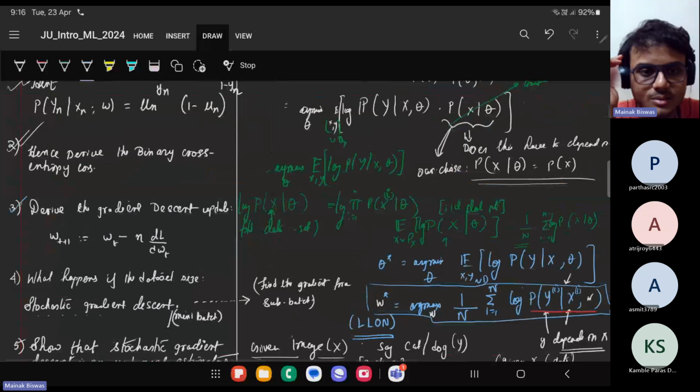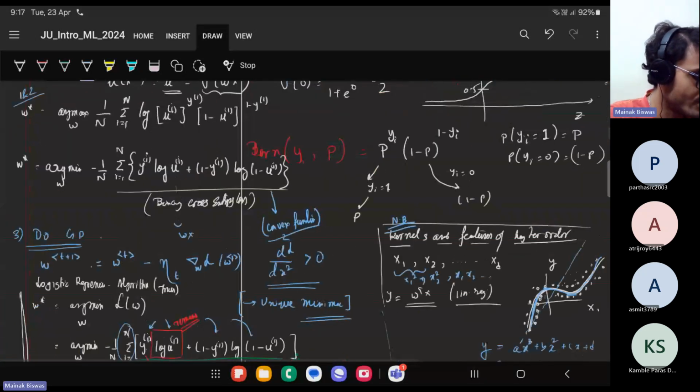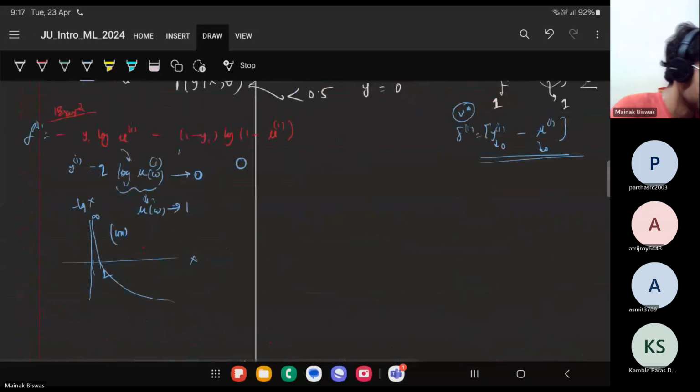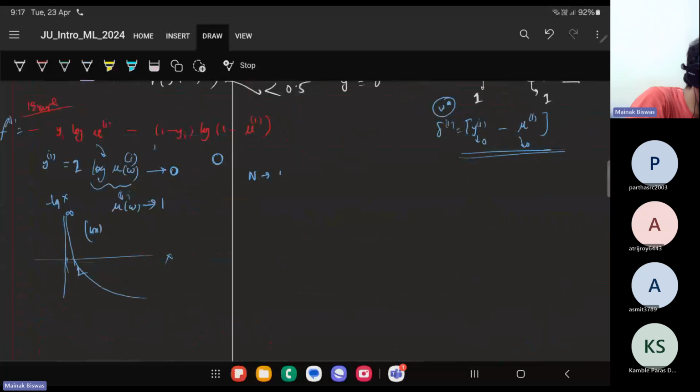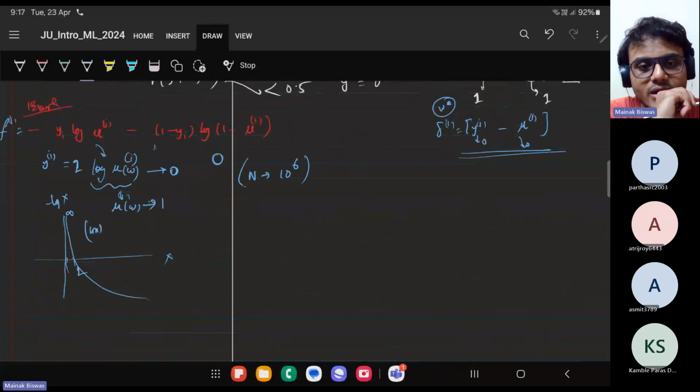Can you do it for the entire batch all at once? That's my idea. Say you have n going to 10 to the power 6. Can you compute gradient descent for all of them and do one step update?